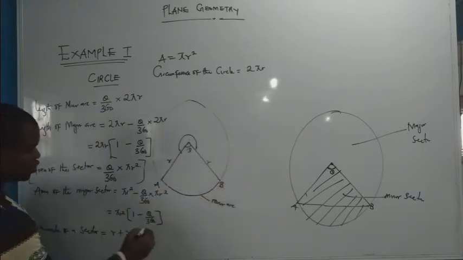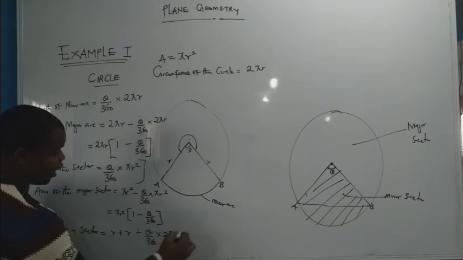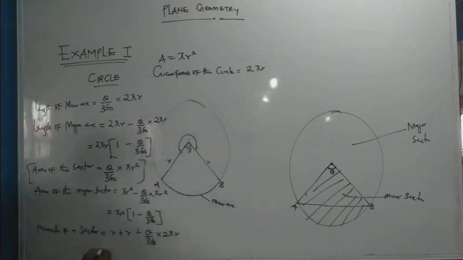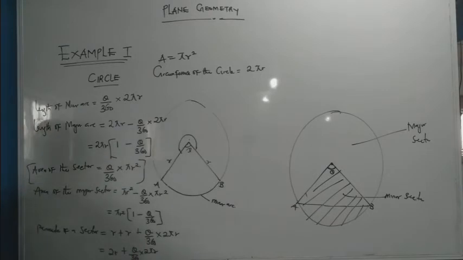Is that clear? So that's theta over 360 times 2 pi r. So the perimeter of the sector is 2r plus theta over 360 times 2 pi r. Is that clear?